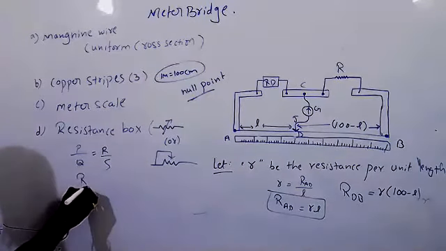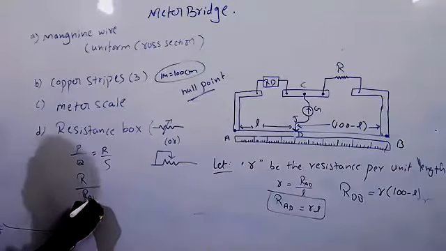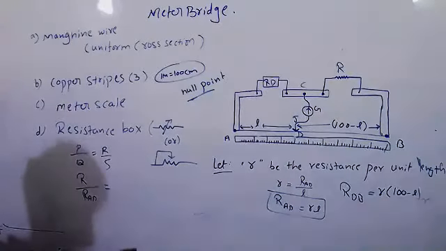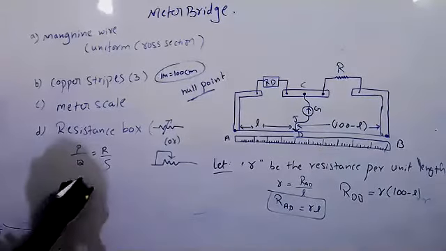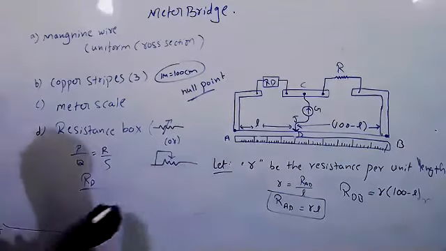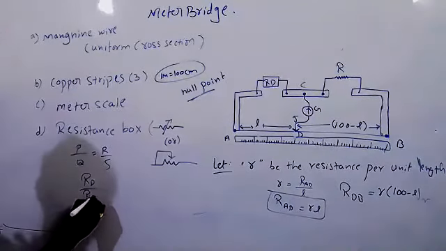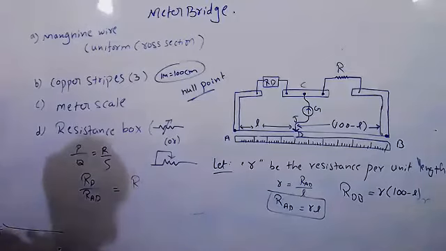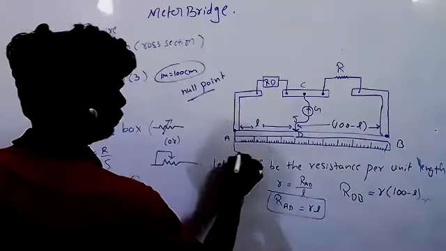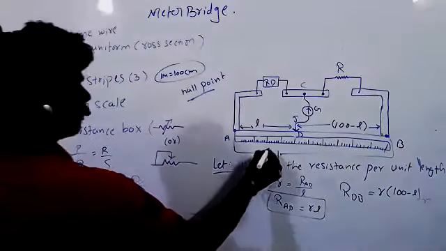In that form, you can write now. R by R_AD equals S by R_DB. What about the battery, sir? For the battery, connect here, positive and negative.